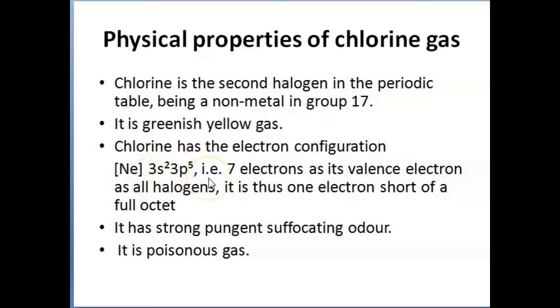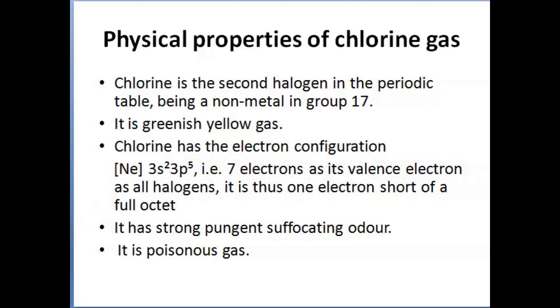That means it has 7 valence electrons, just like all other halogens, and it is 1 electron short of a full octet. It has a very strong, pungent, suffocating odor, and it is a very poisonous gas.